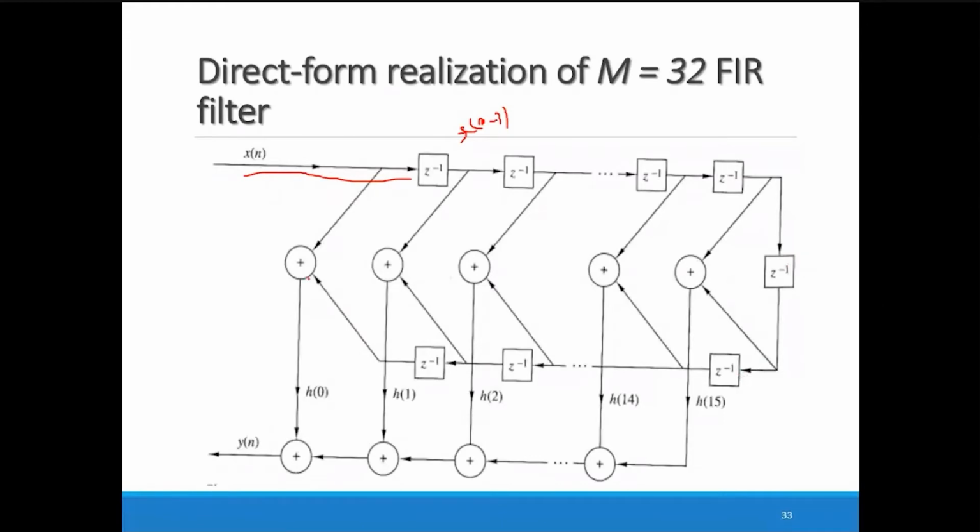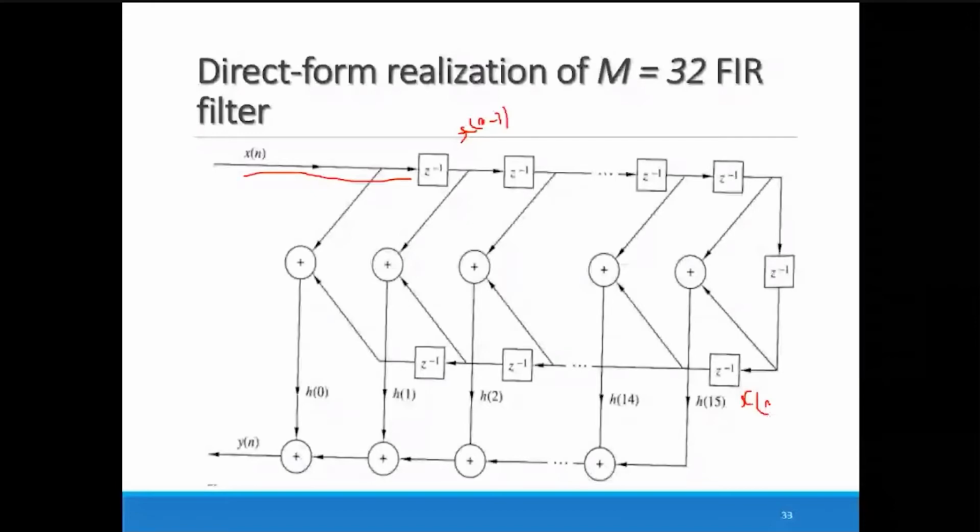So you are getting 16 points over here, meaning the first element, then if I continue, x of n minus 16, up to x of n minus 31. You are getting 31 delayed coefficients.